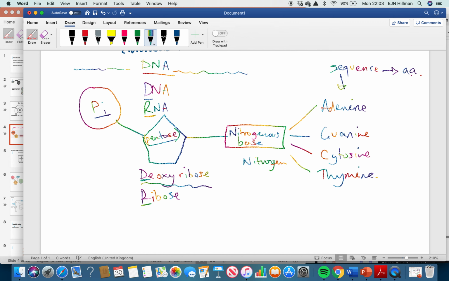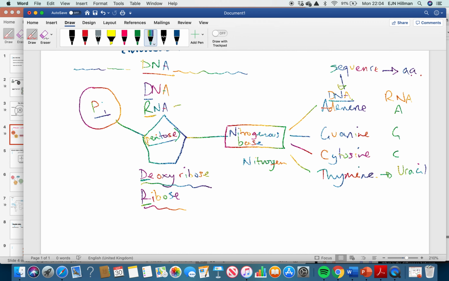If it says RNA in the stem of the question, ribose. There's one other difference with RNA. It still has 4 different bases, but in RNA, so these are the DNA nitrogenous bases. In RNA, it still has adenine, guanine, cytosine, but thymine is replaced by uracil.